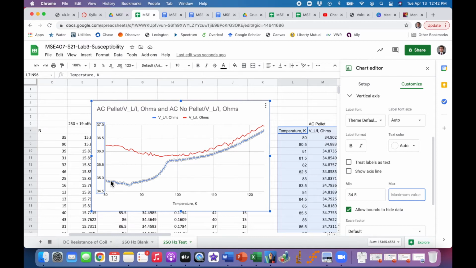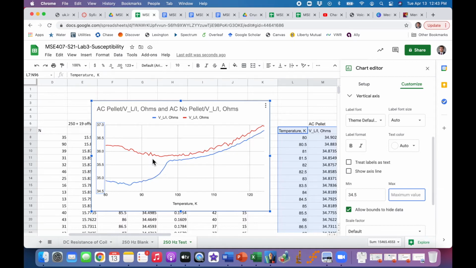And so we're going to do kind of a modified analysis of this because we're not able to calculate susceptibility directly. And again, this is from some of the challenges with this experimental setup that we're having. So it's nothing that you did. We've just looked at this data and we're not able to calculate the inductance directly, and we're not able to calculate susceptibility directly.